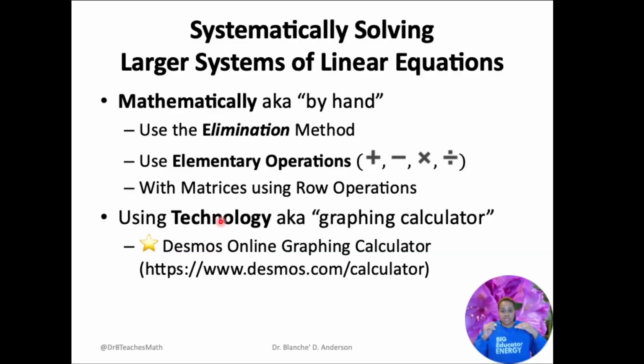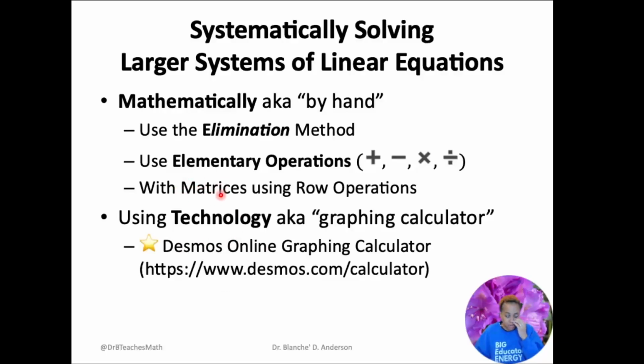So, systematically solving larger systems of linear equations mathematically by hand. The elimination method is best used, and you're going to see when we walk through the steps, we'll still be using elementary operations, and then of course another good thing is technology.